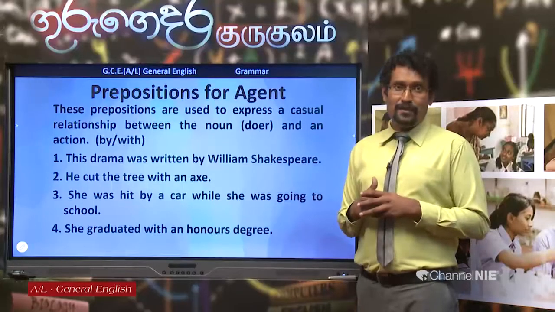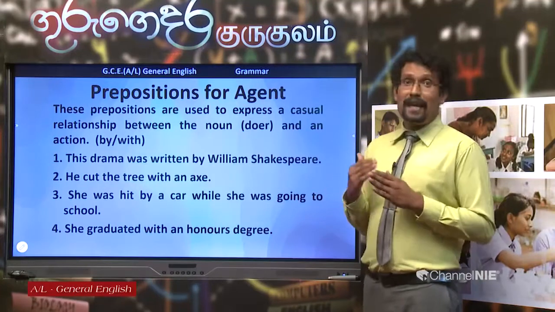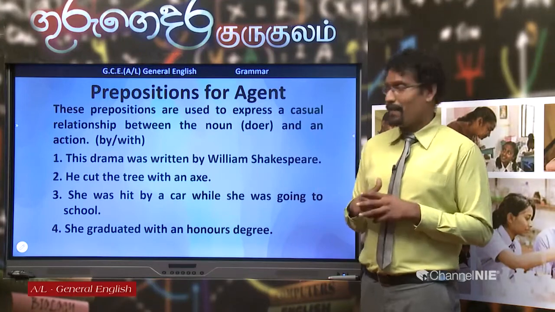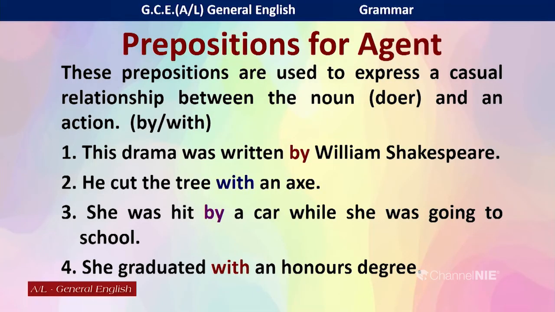Now we are going to learn what prepositions for agent are. These prepositions are used to express, to talk about a causal relationship, a normal relationship between the noun, or the doer who is doing the action, and an action.